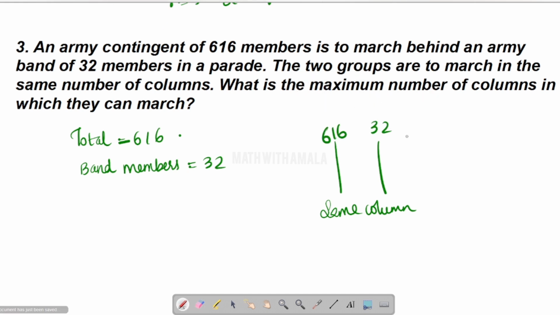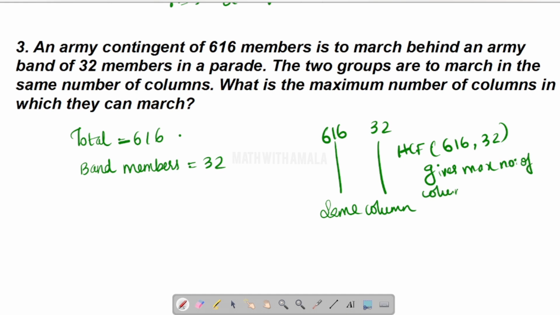Next, we have to find the HCF of these two numbers, 616 and 32. That is the highest common factor, which gives the maximum number of columns in which they can march.